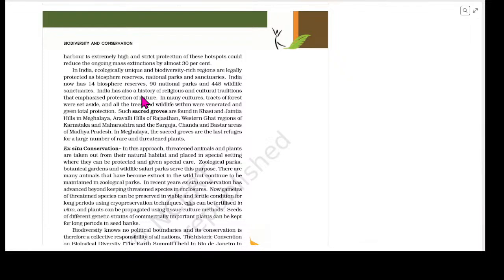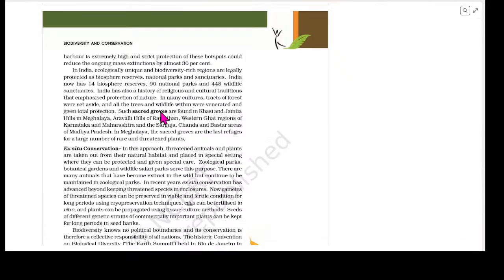India has also a history of religious and cultural traditions that emphasize protection of nature. In many cultures, tracts of forests were set aside, and all the trees and wildlife within were venerated and given total protection.